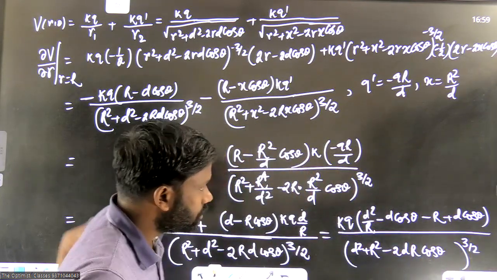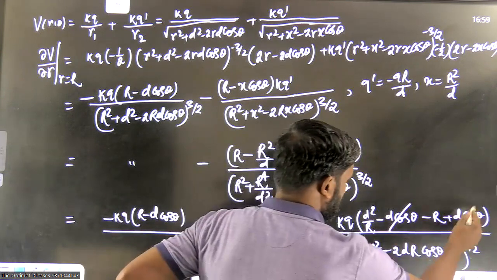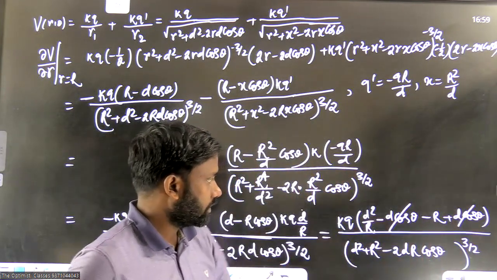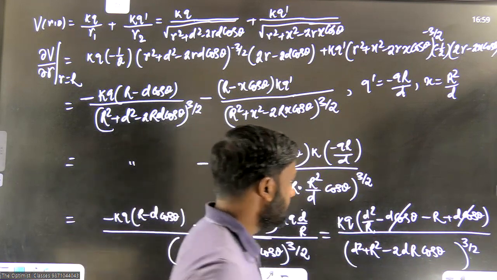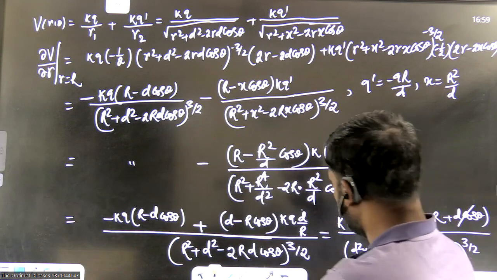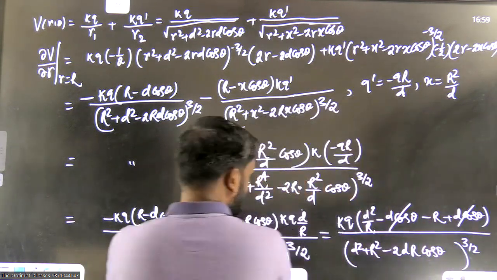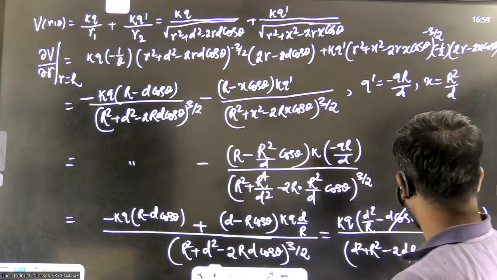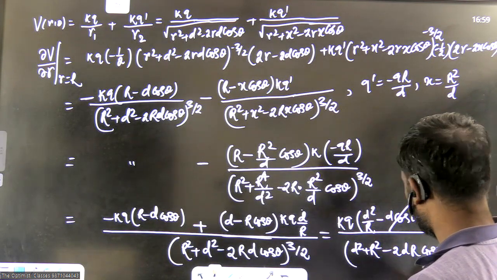Now you see here, this term and this term cancel out. We are left with this term, d square by r minus r. So that is the dV by dr. So we have gotten dV by dr to be equal to, let's move to the other slide.